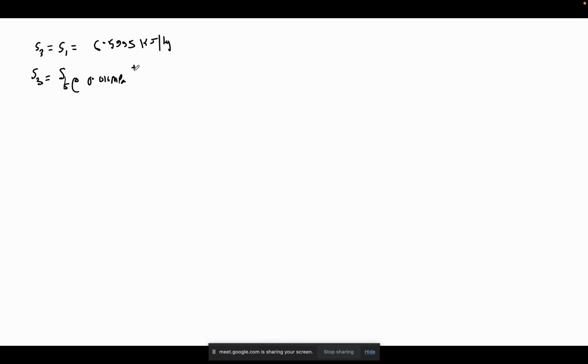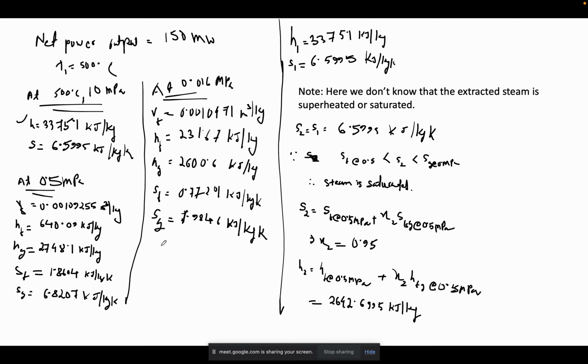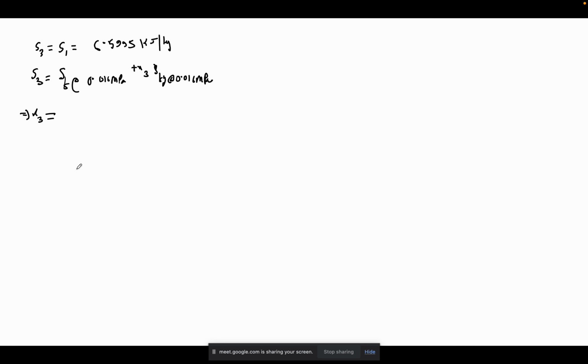plus X3 times SFG at 0.016 megapascal. Okay, so from here I get X3 is equal to (6.5995 minus 0.77201) by (7.9846 minus 0.77201), which is 0.81.